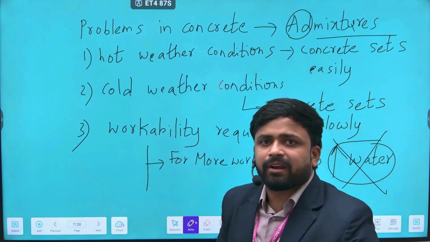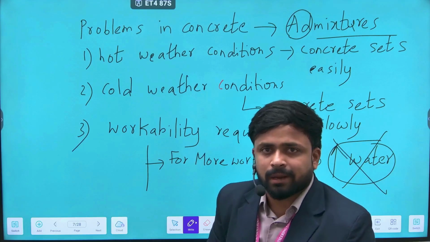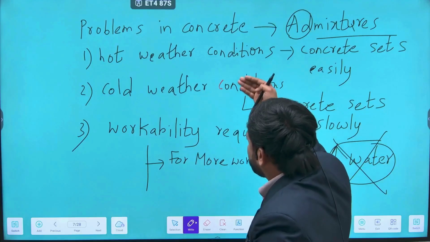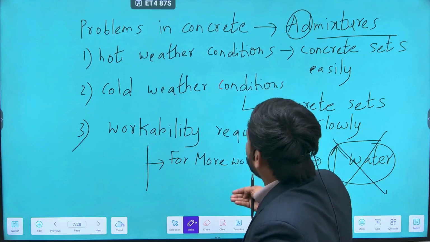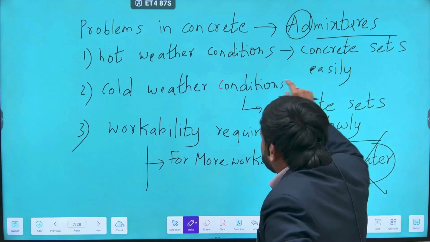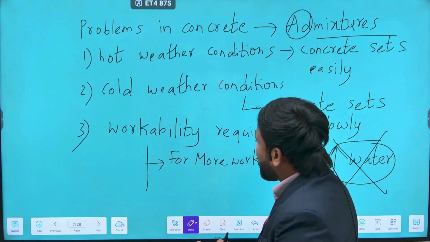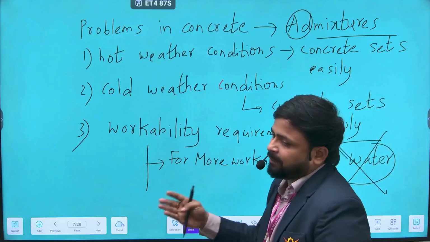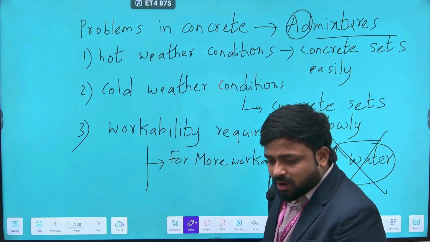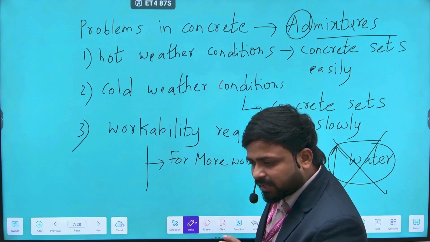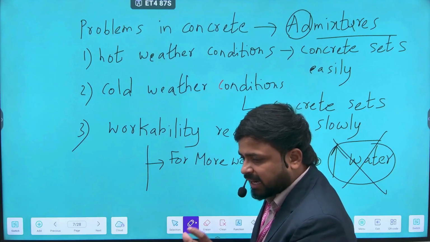So we need to add one more agent or admixture to the mixture, so that our problems are easily solved. The problem is concrete is setting easily in hot weather conditions, but what I want is it should be set after some more time. It should not set before the initial setting time only. It should satisfy that initial setting time parameter.